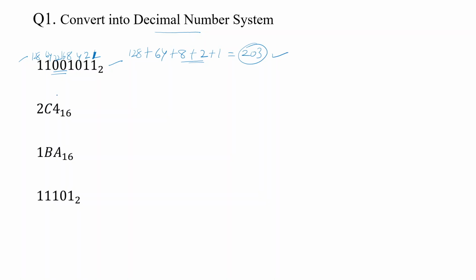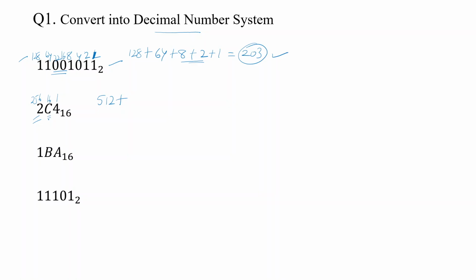Now you can convert your task. 16 to the power of 0 is 1, 16 to the power of 1 is 16, 16 to the power of 2 is 256. 256 into 2 is 512, and 512 plus C. What is the value of C?